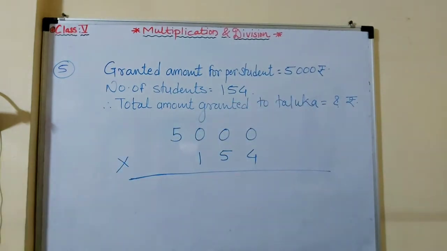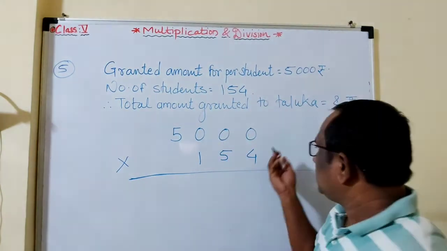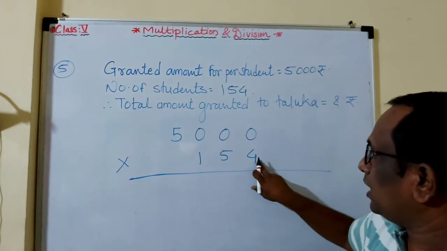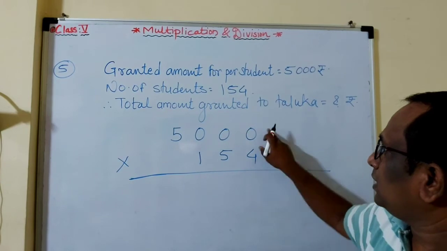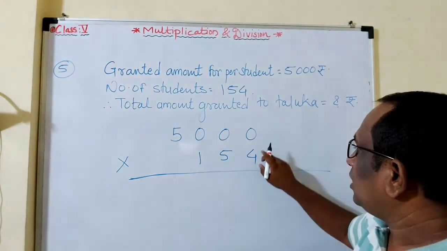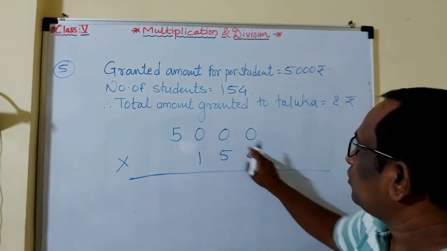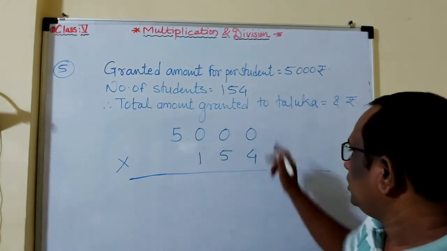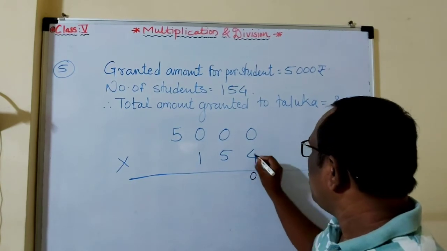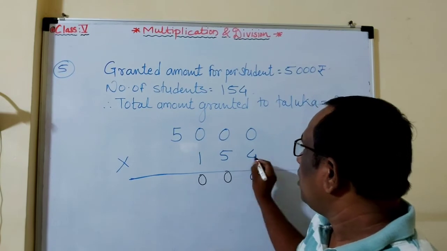Now we'll solve. Here this is the multiplier and this is the multiplicand. So 4 is at the unit place. First we'll multiply 4 by 0, 4 by 0, 4 by 0, and 4 by 5. 4 zeros are 0, 4 zeros are 0, 4 zeros are 0, 4 fives are 20.